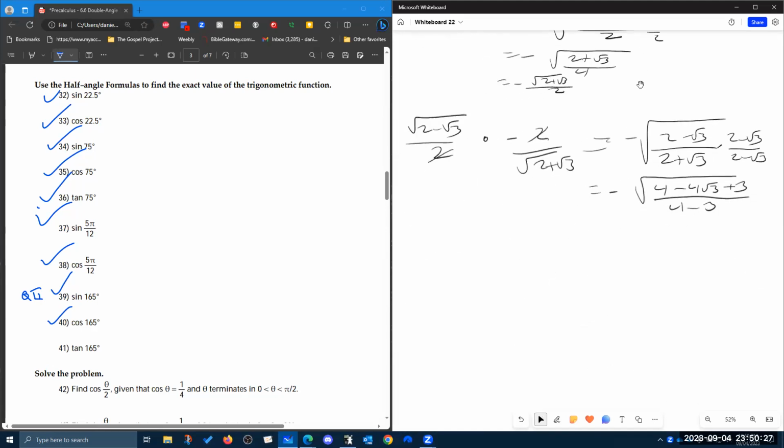It's going to give us a negative root of 7 minus 4 root 3 over 1, which is a negative big root of 7 minus 4 root 3.